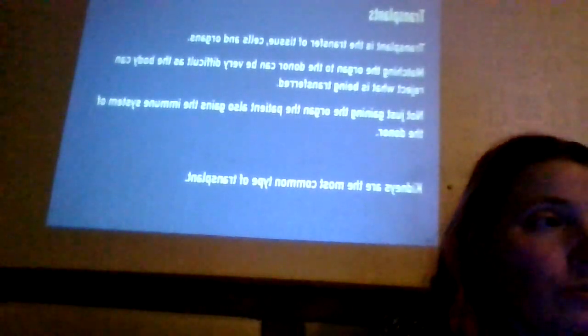So transplants: it is the transfer of tissues, cells and organs. They're incredibly difficult to match sometimes, and they also run the risk of being rejected, as they are classed as a foreign body.